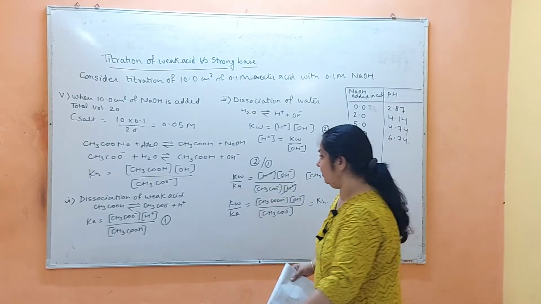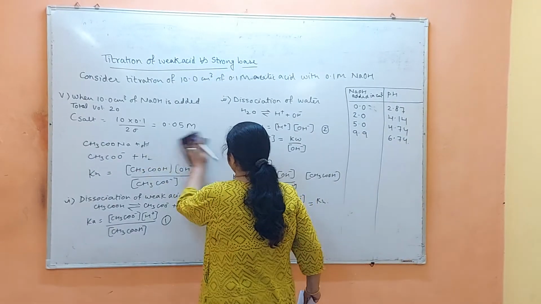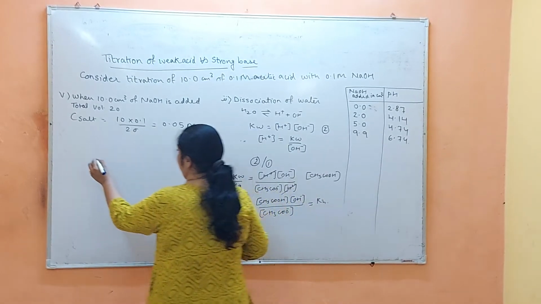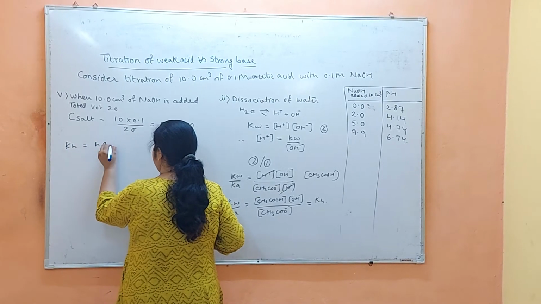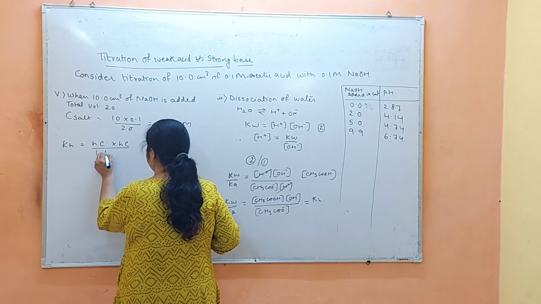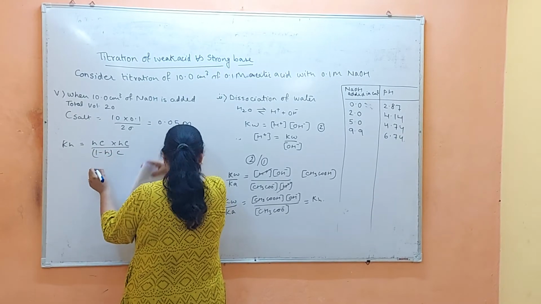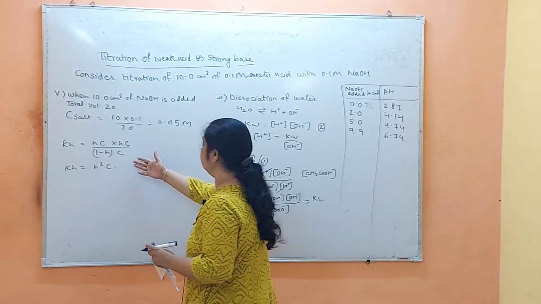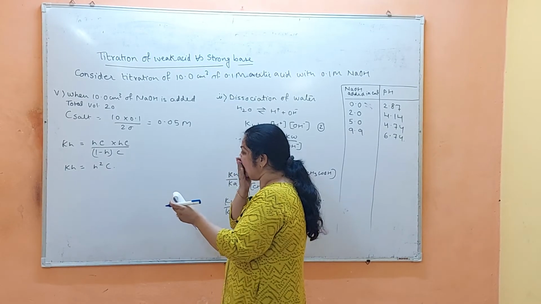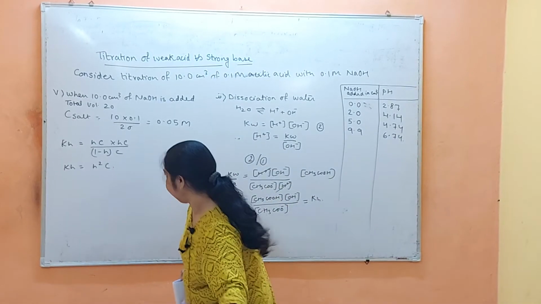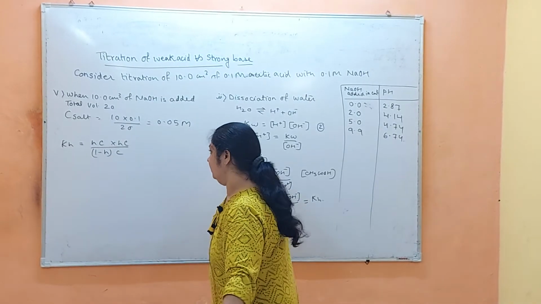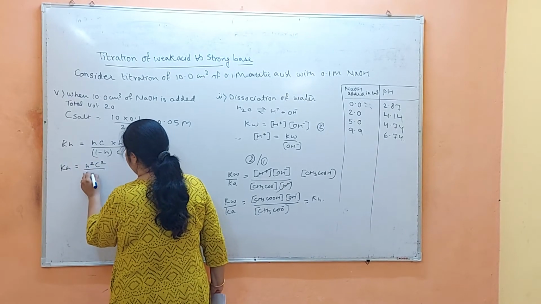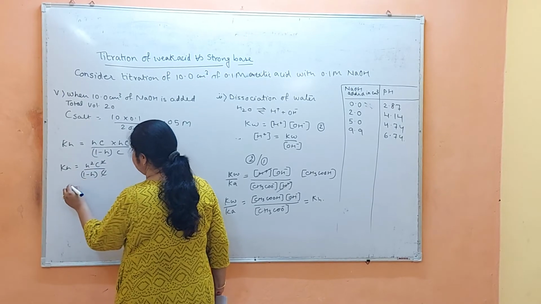So if h is the degree of hydrolysis and C is the concentration, then KH will be equal to hC into hC upon (1 minus h) into C. So KH will be equal to h squared C squared upon (1 minus h) into C. This C will get cancelled.